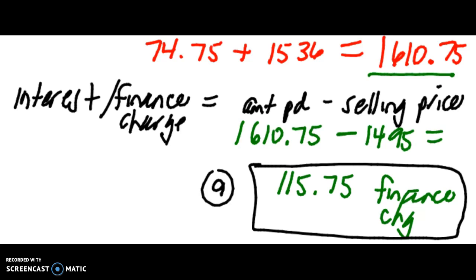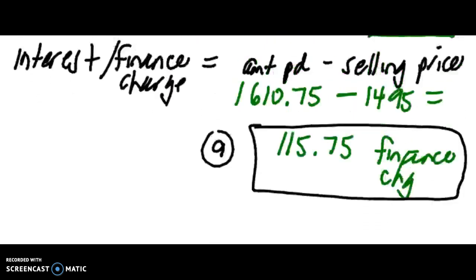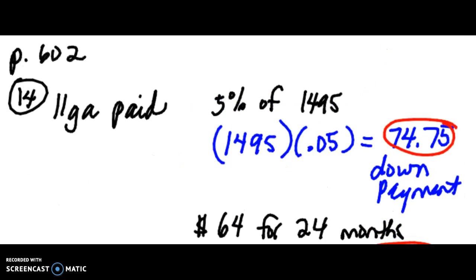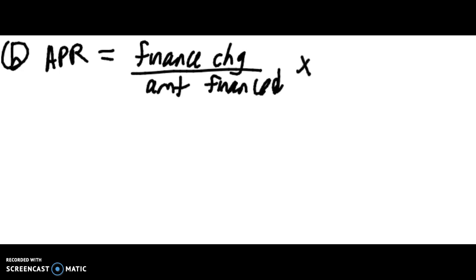And then part B says, what is the APR to the nearest half percent? So now we're going to have to use the interest or the finance charge that we just computed to help us answer part B. So APR is determined by the finance charge or the interest divided by the amount financed times 100, and then we'll go to the table on page 593.